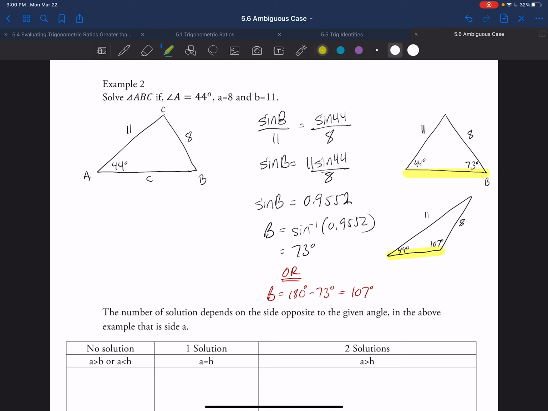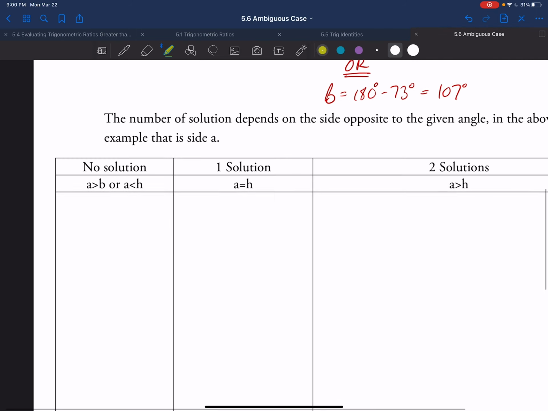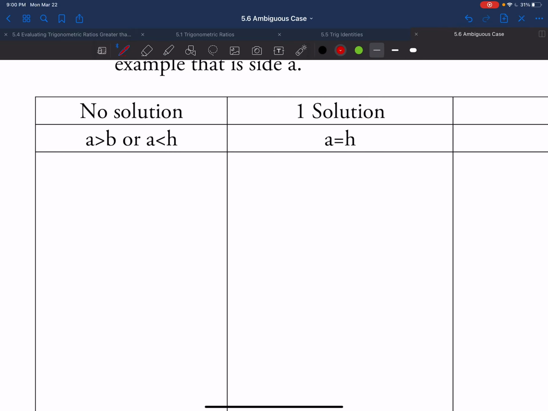The number of solutions depends on the side opposite the given angle and the side A. So what that means is this. Sorry, this is A is less than B. So if A is less than B, or A is less than the height, I'll show you what that means.